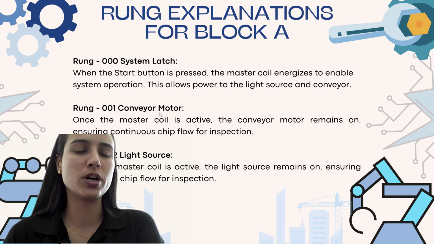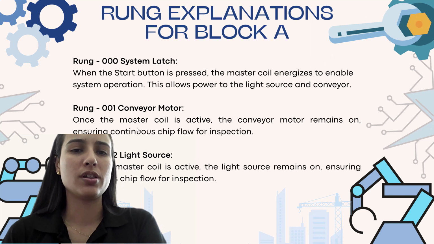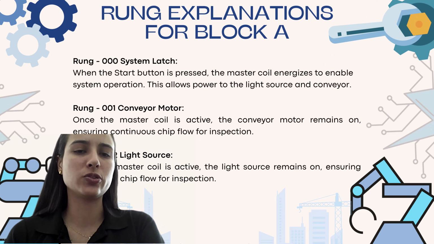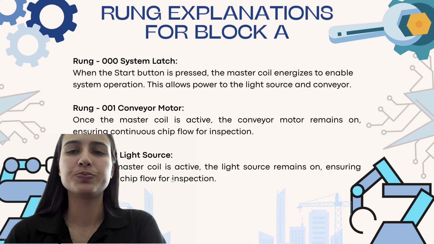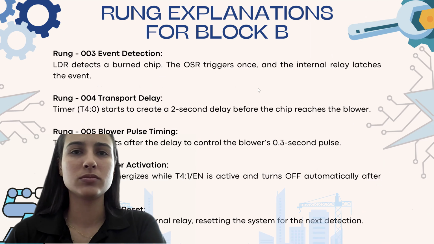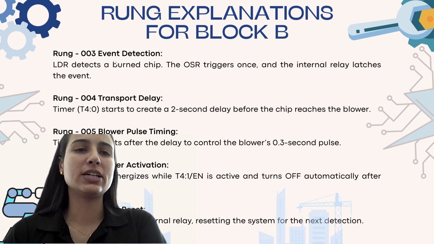Rung 001 will activate the conveyor motor with the master coil. Rung 002 will activate the light source with the memory of the master coil. Rung 003 starts off block B.